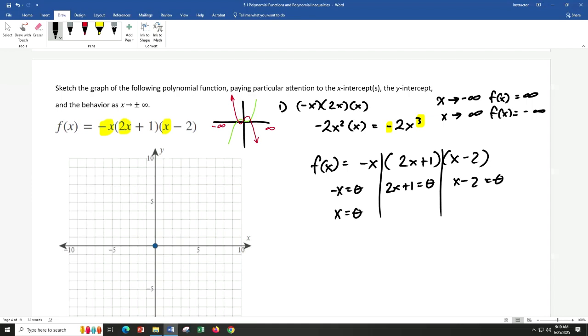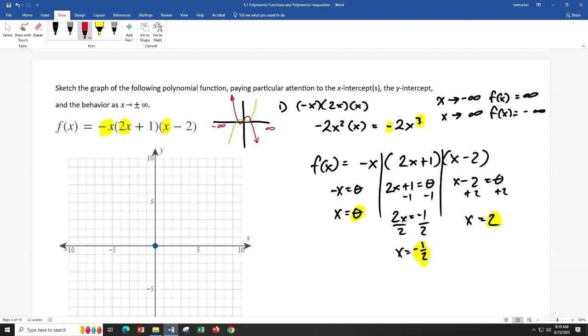That's easy enough math, right? Here, subtract 1, 2x is equal to negative 1, divide off the 2, x is equal to negative 1/2. Here, add 2 to both sides, and I get x is equal to 2. And so notice I found 0, negative 1/2, and 2.